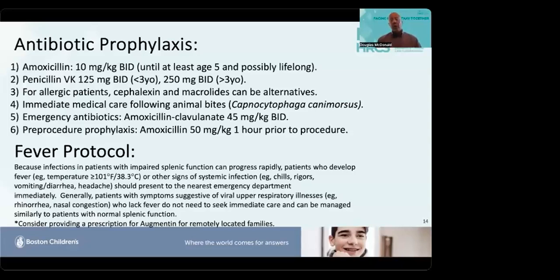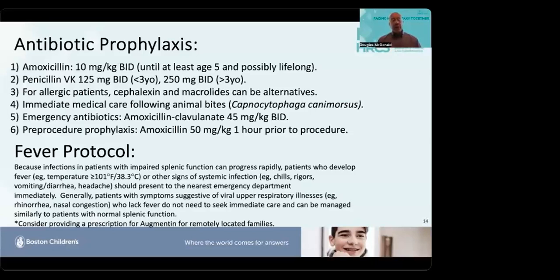So also an important aspect of our visit with these patients is to review a fever protocol for asplenia and hyposplenia. We discuss with these patients that impaired splenic function can lead to increased susceptibility to infection with these encapsulated bacteria, and these infections can progress very rapidly and can be fatal.